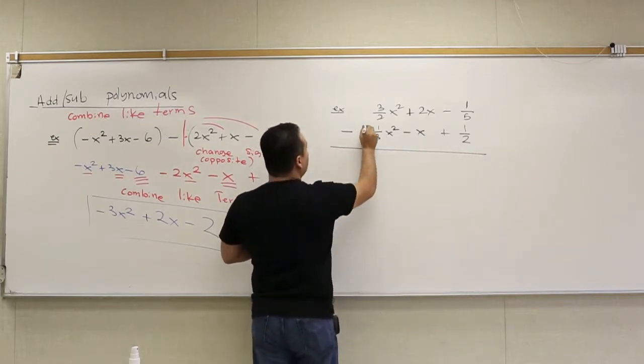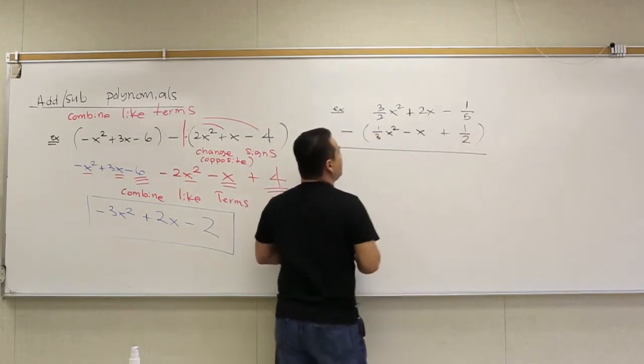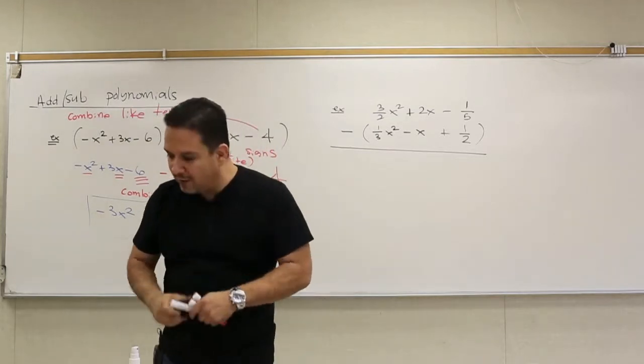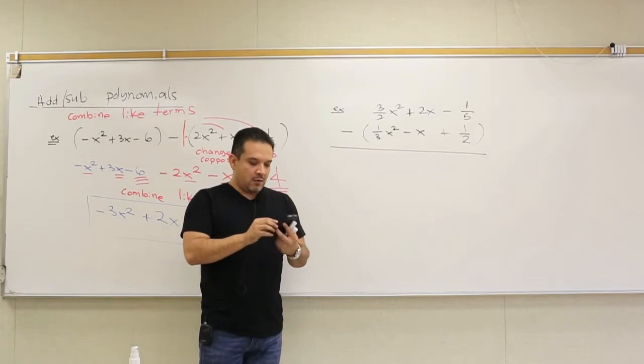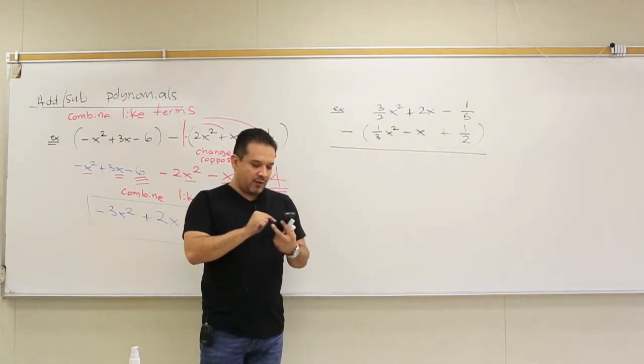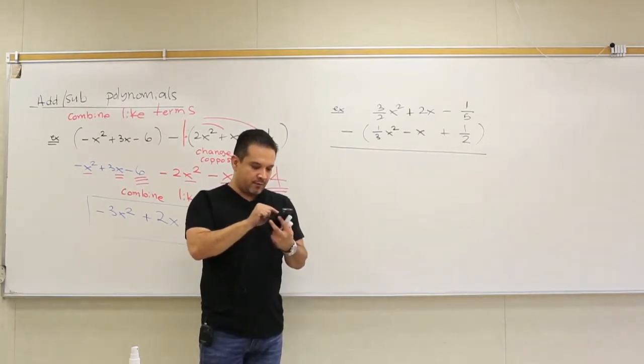The worksheet puts a parentheses here. Let me double check. I gave the gentleman my worksheet again, but I took a picture. I'm pretty sure that's what they had on that worksheet.